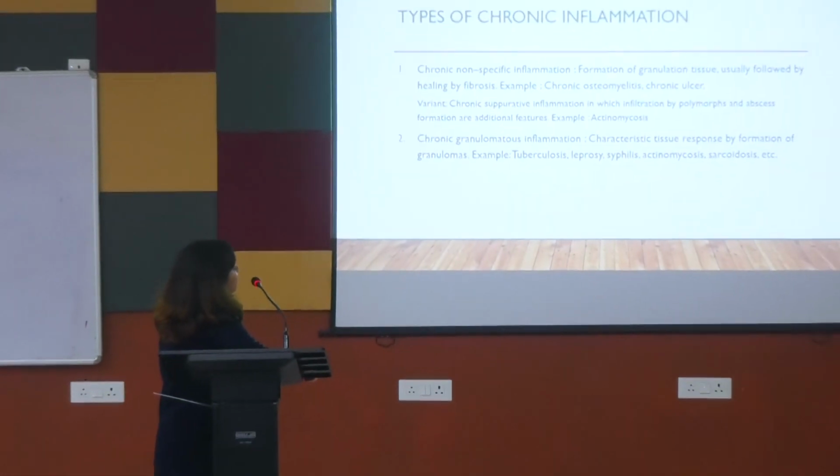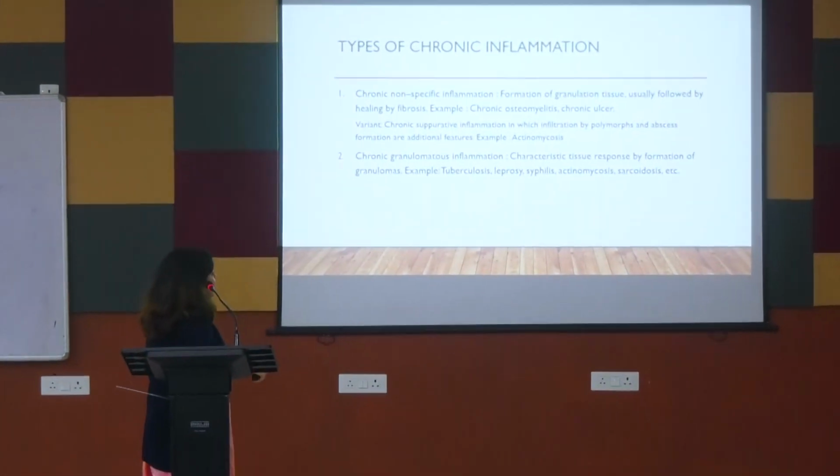We will see chronic non-specific inflammation and granulation tissue formation. This is the report every time: chronic inflammation and fibrosis and small blood vessels. This is granulation tissue formation, right? So chronic non-specific inflammation, formation of granulation tissue, usually followed by healing by fibrosis, is seen in chronic osteomyelitis and chronic ulcer.